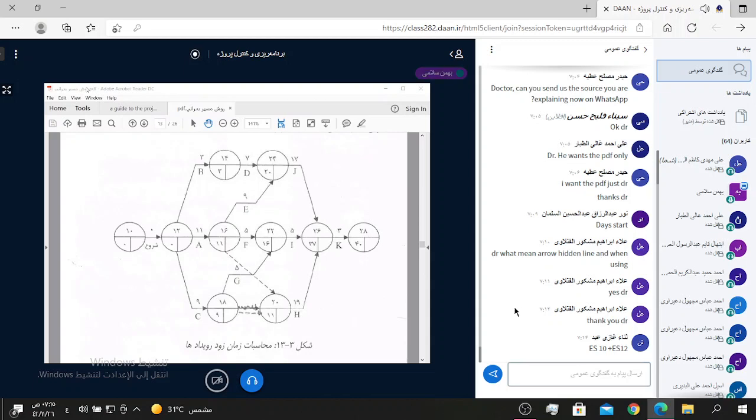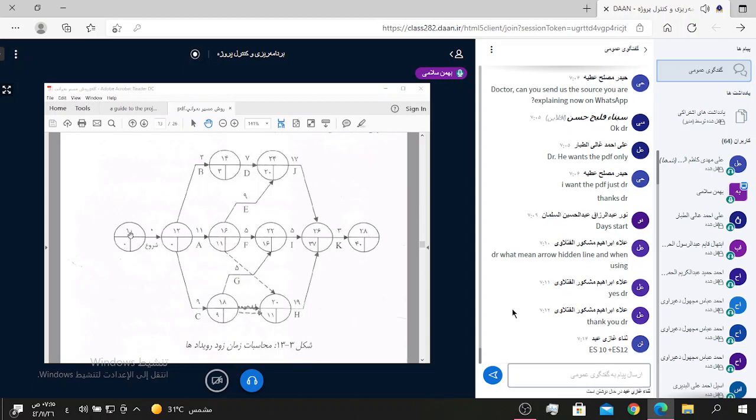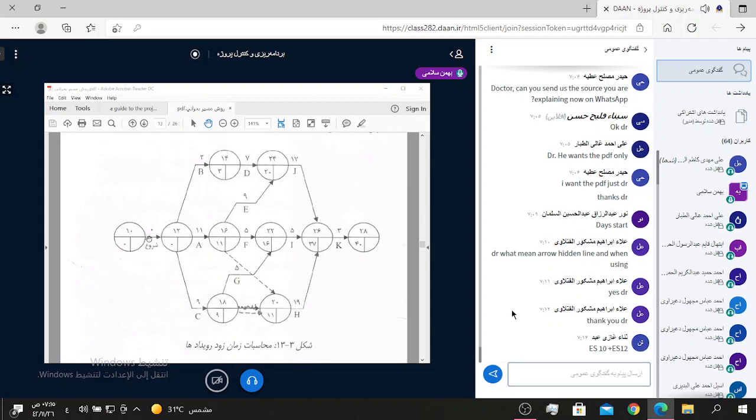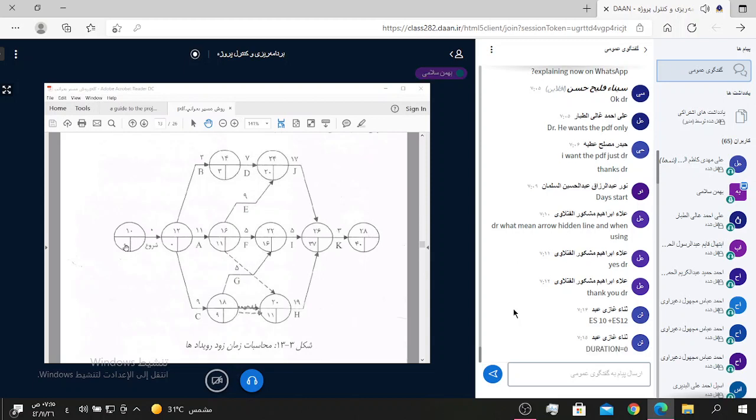Zero plus 0 equal 0. 0 means ES for node 10 plus duration of activity is 0. Therefore, 0 plus 0 equals 0.